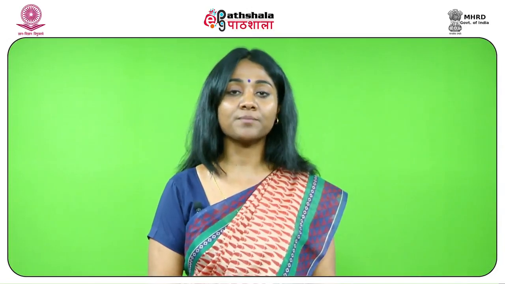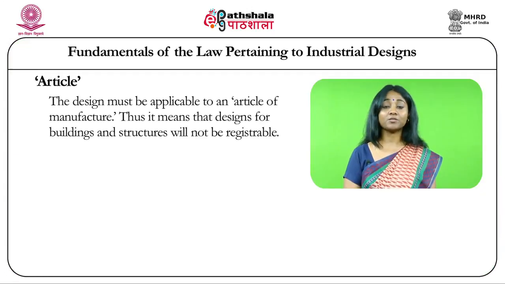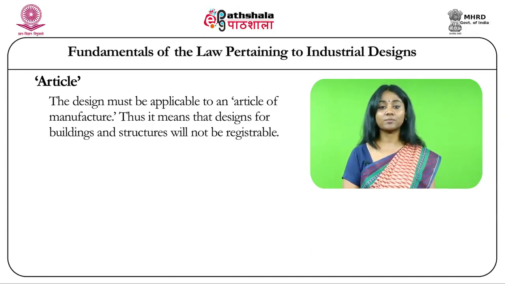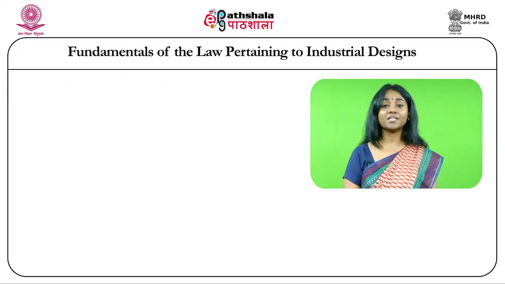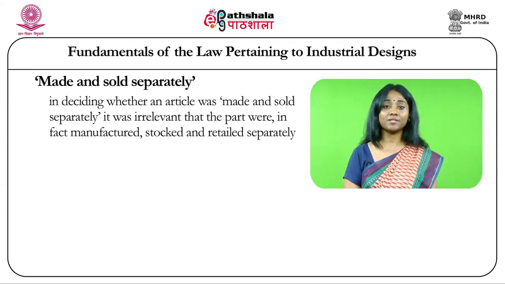Some of the important terms of this definition need to be understood. Let's begin with the term article. The design must be applicable to an article of manufacture. Thus, it means that designs for buildings and structures will not be registrable. Secondly, made and sold separately. In deciding whether an article was made and sold separately, it is irrelevant that the parts were in fact manufactured, stocked and retailed separately.